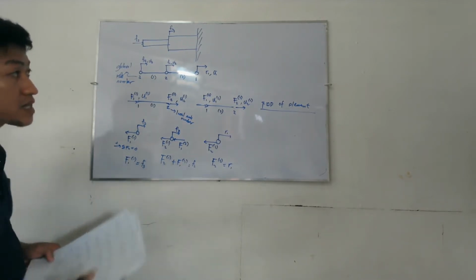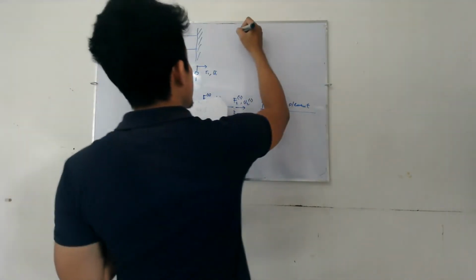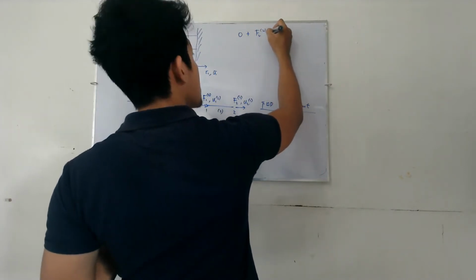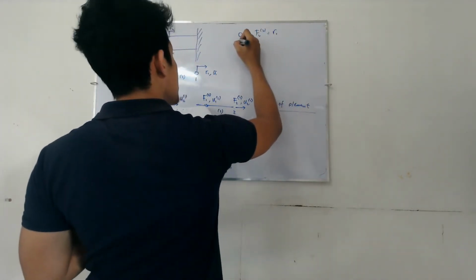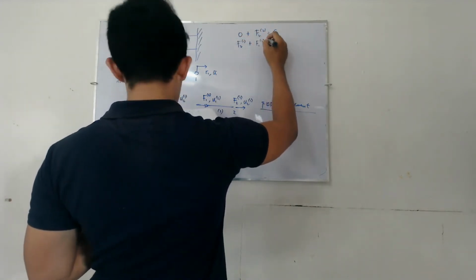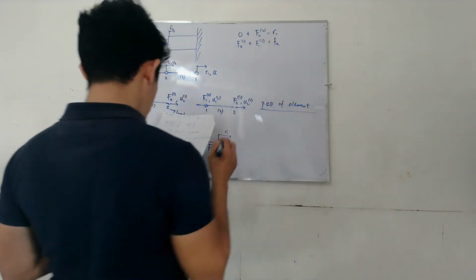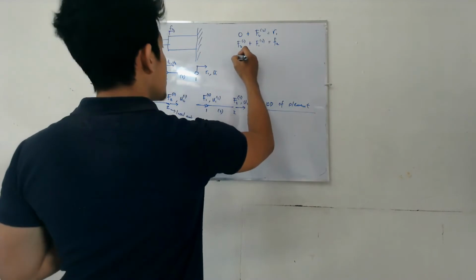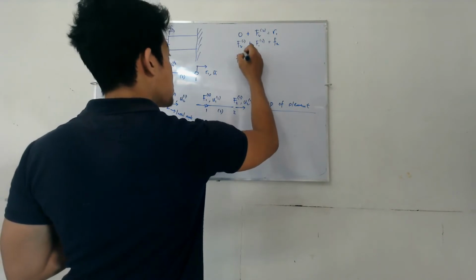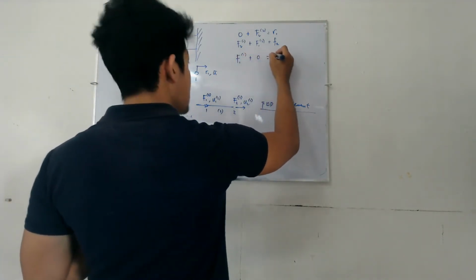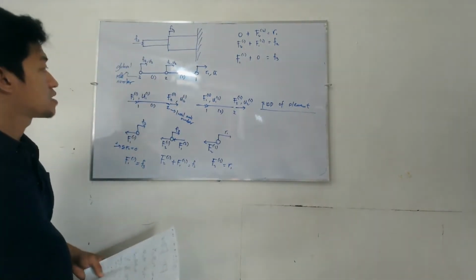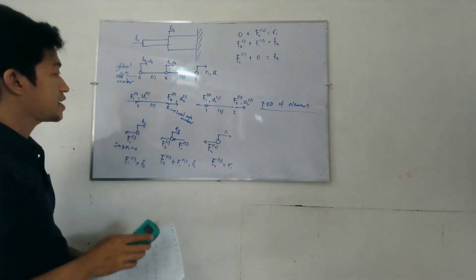If we write this in matrix form: F1 of 1 plus 0 is equal to F1, F2 of 1 plus F1 of 2 equal to F2, and 0 plus F2 of 2 is equal to F3.